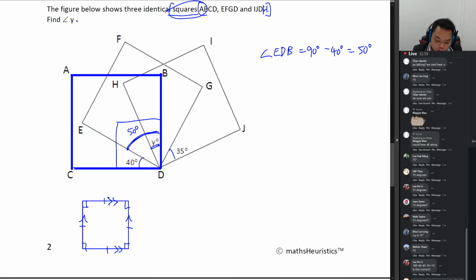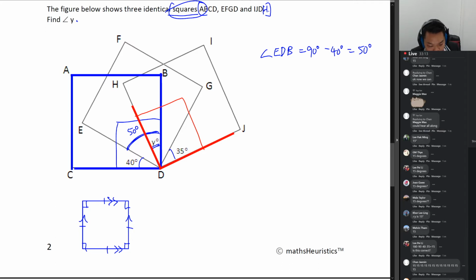So the next thing that you want to see is that based on this, this whole angle is 90 degrees, and this angle here is 65 degrees, correct? Because you ought to say that angle HDG has to be 55 degrees.